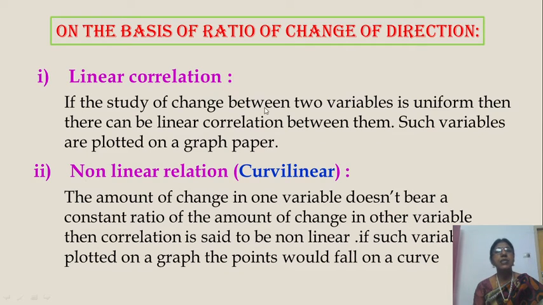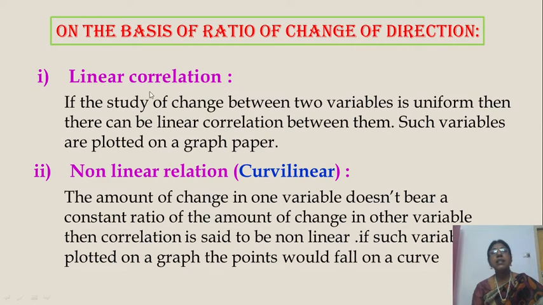If the rate of change between two variables is uniform, then there is linear correlation between them. If in place of uniform you put not uniform, then we get non-linear correlation.